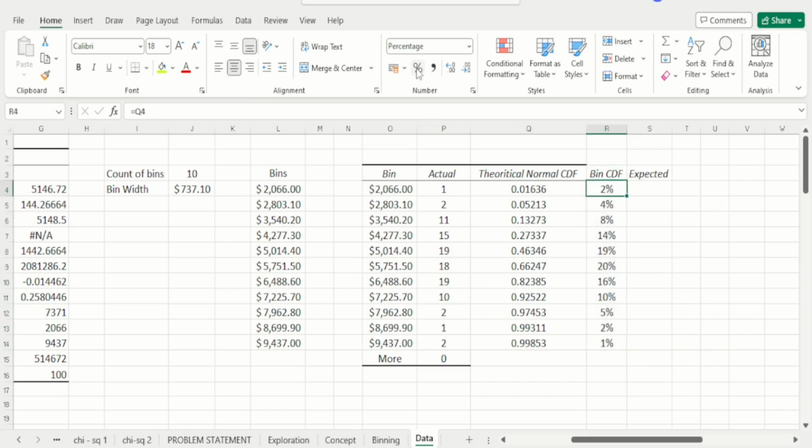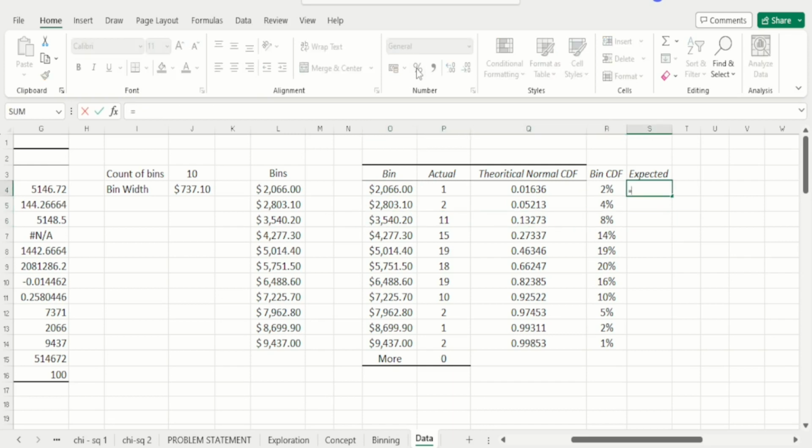Roughly 2% of the data has to be to the left of 1, right? That's what the bin CDF says here. And then roughly 4% of the data has to be between 2066 and 2803, right? Roughly 8% of the data has to be between 2803 and 3540.20, right?